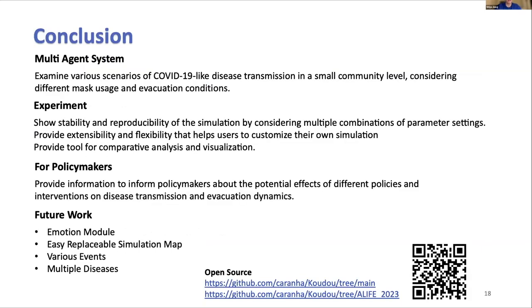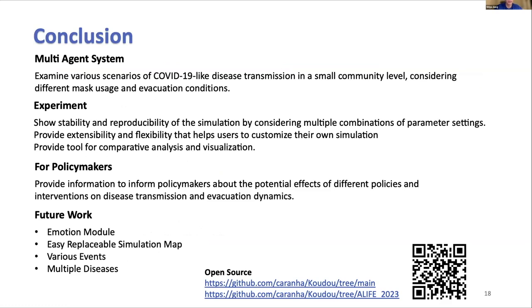So I will just wrap up here. We are building a multi-agent system that examines various scenarios of COVID-19-like disease transmission at a small community level, and we are considering different mask usage and evacuation conditions.